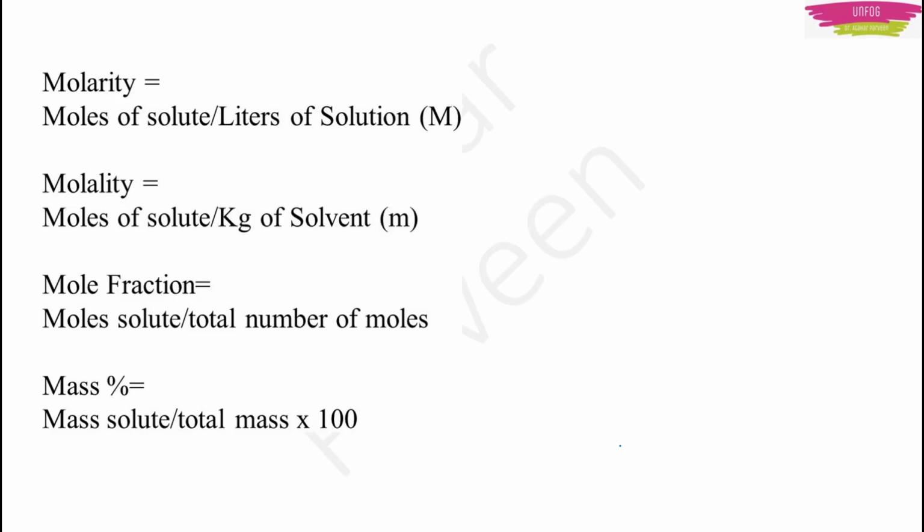This is equal to mass of solute upon total mass into 100, or mass of solute upon mass of solution into 100. For mole fraction in place of solute, you can write solvent also. Whatever is required, you can use that formula. Okay. So this was all about basic concepts of chemistry: molarity, molality, mole fraction and mass percentage.